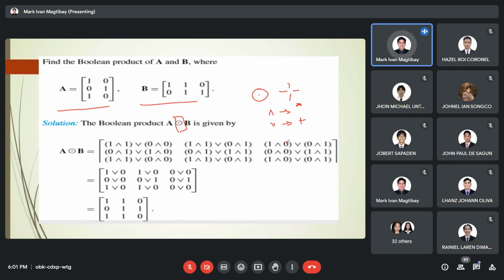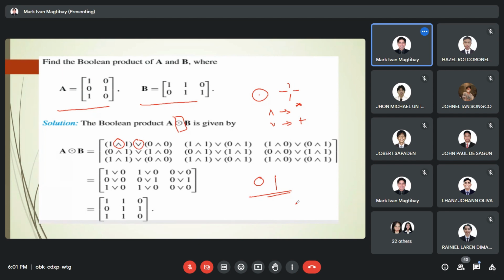Ang kinaibahan lang niya is gumamit po tayo ng mga special character with regards to this particular symbols and then puro 0 and 1 lang po yung mga values na titingnan natin po.